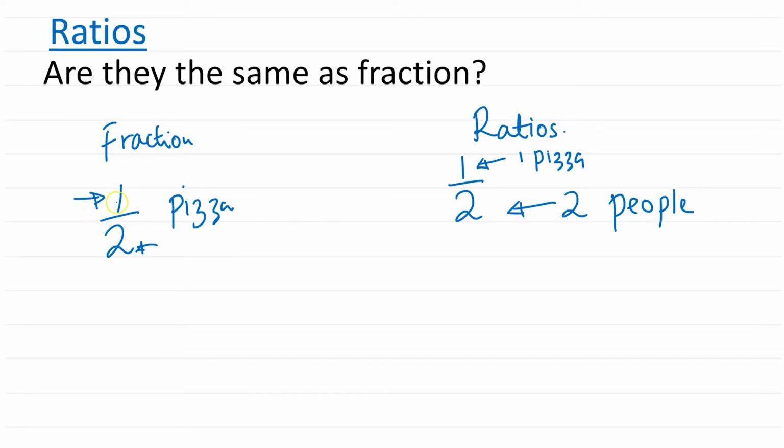Here, these 2 numbers represent the same item. Same thing, 1 out of 2. Okay, so here we're talking about the relationship of pizza and 2 people. So we can say for every 1 pizza, there are 2 people sharing it.